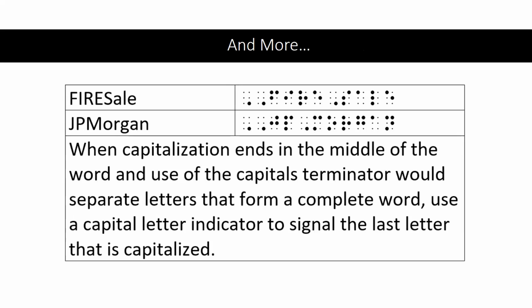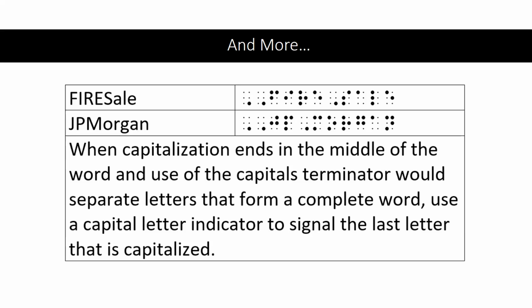Now, this is the one that always trips people up. I know you'll see something like this in your class, Chris. Fire sale. We would not use the terminator after the letter S, because that would make the word very difficult to read or pronounce. So notice they've capitalized the S so that the person knows this is where it ends.